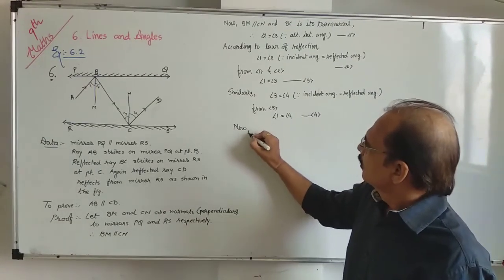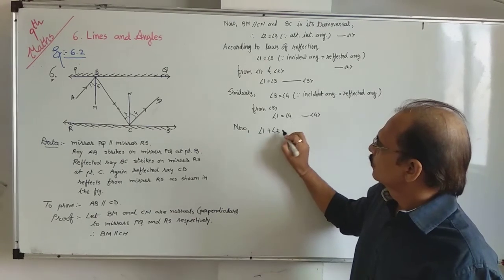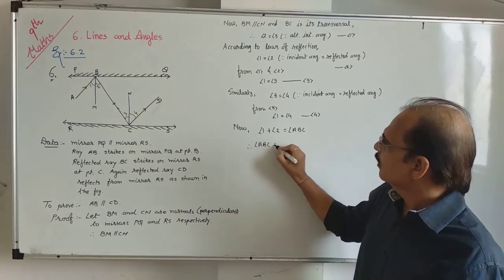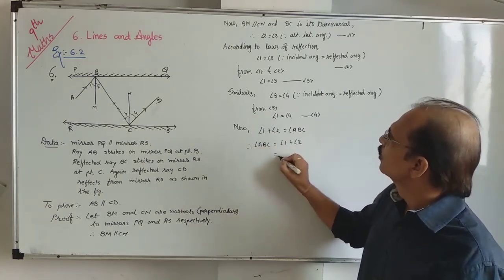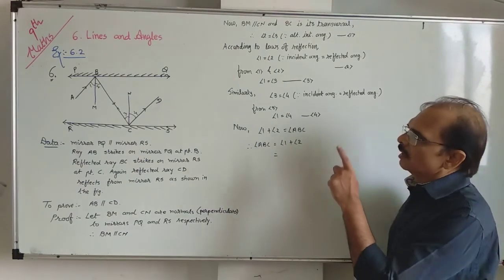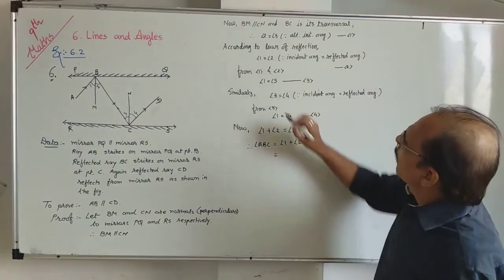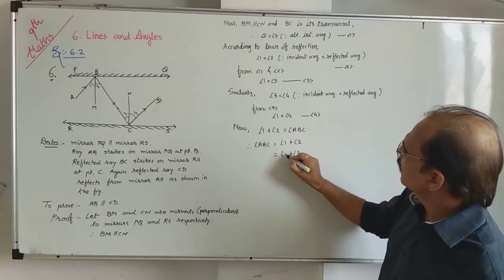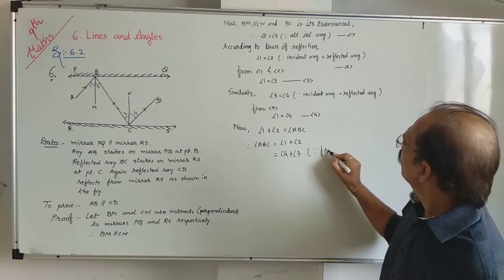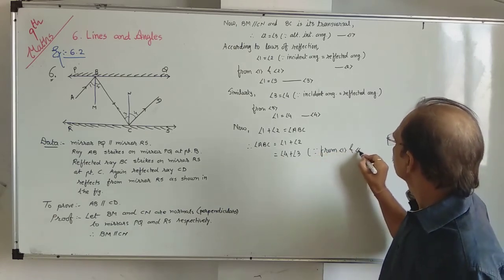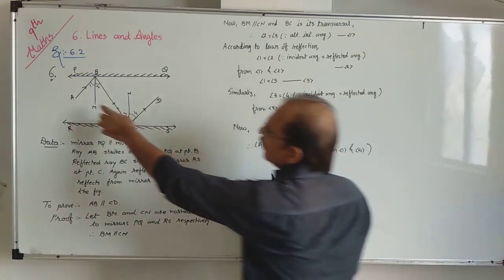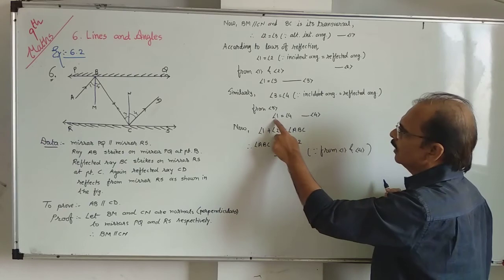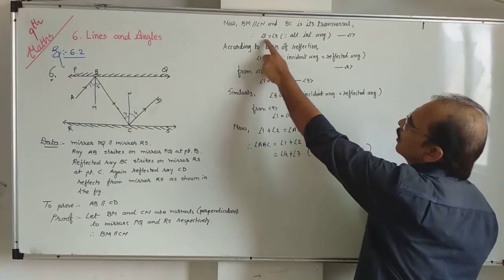Right? So what is 1 plus 2? Angle 1 plus angle 2 equals angle ABC. Angle 2 equals 3, and 1 and 4 are the same. So angle ABC means 1 plus 2, but 1 equals 4 and 2 equals 3.